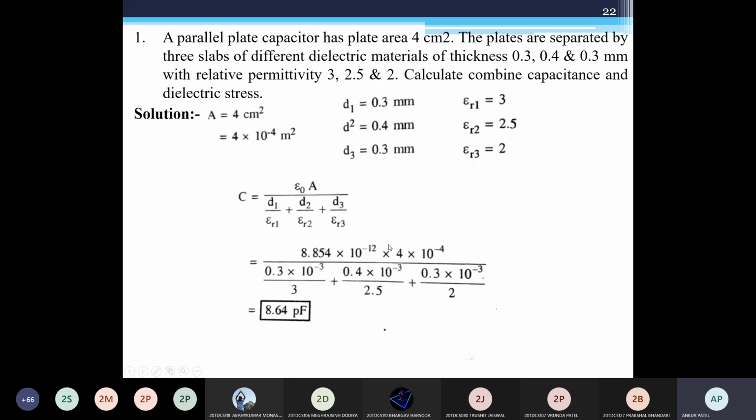By substituting these values, we get the answer 8.64 pF. We know the absolute permittivity is 8.854 into 10 raised to minus 12, into 4 into 10 raised to minus 4. So just check from your side. Are you getting this answer? 8.64 picofarad. Pico means 10 raised to minus 12. Micro means 10 raised to minus 6.